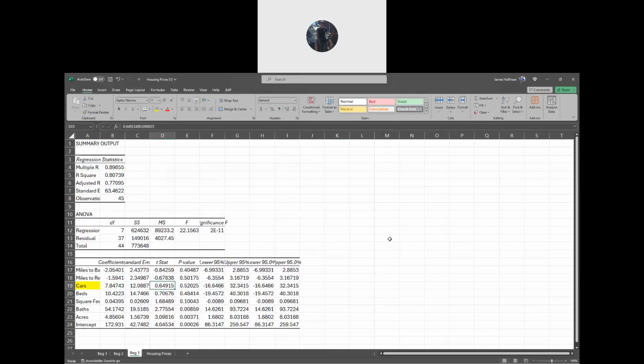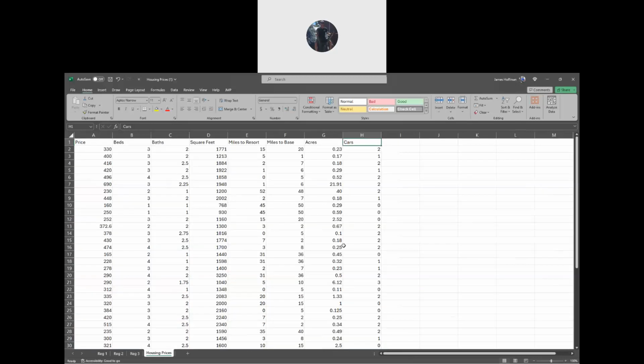Second one was years old? Yeah, then cars. Okay, so this time cars go. So then we take out cars again, delete, and run it again.